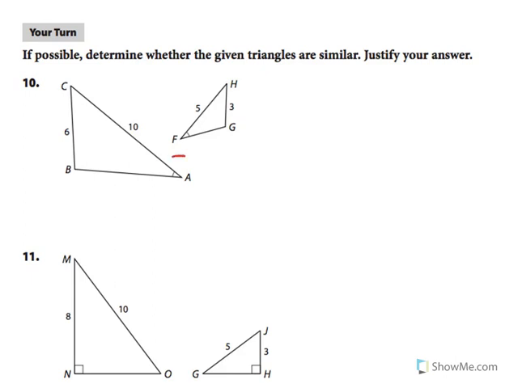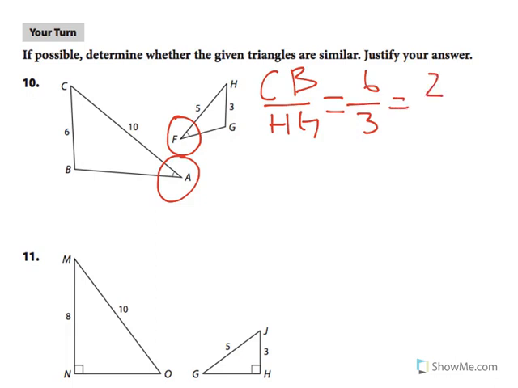Okay, we're given that angle A is congruent to angle F. So then we're comparing CB to HG. It will be 6 over 3, reduced to 2, and CA over HF, so we have 10 over 5, also reduced to 2.